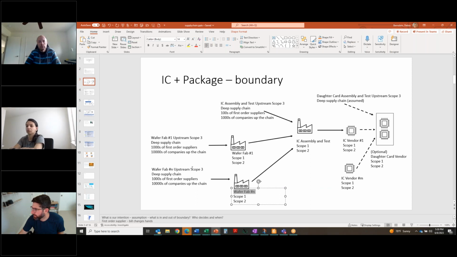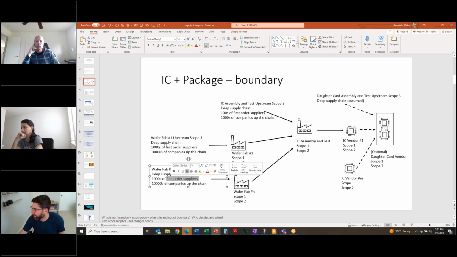There may be overlap, there may not be, but just kind of the problem of wafer fab N understands some things about its first order suppliers, but if it does include in its carbon estimation further up the supply chain, that's not based on a one-to-one relationship where they know the name of the companies beyond the first order of the supply chain.